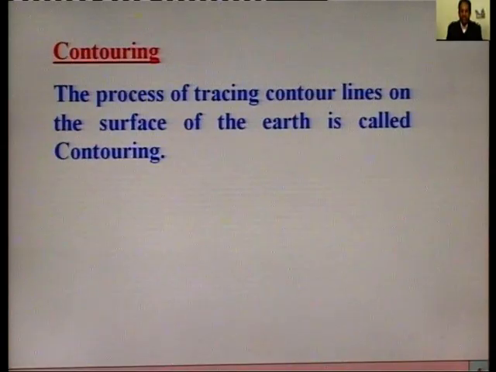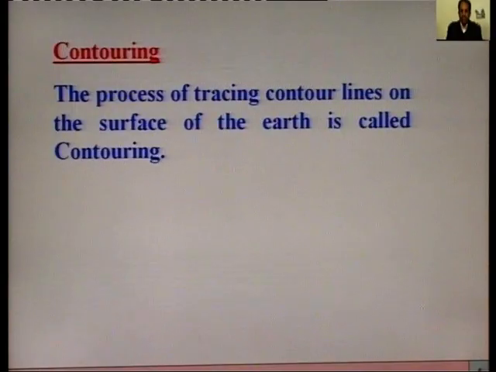First, we conduct a survey in the field and obtain levels in the field, then we plot them on the sheet itself, and then we interpolate, which means we plot the contour lines through these levels. This process is called contouring.